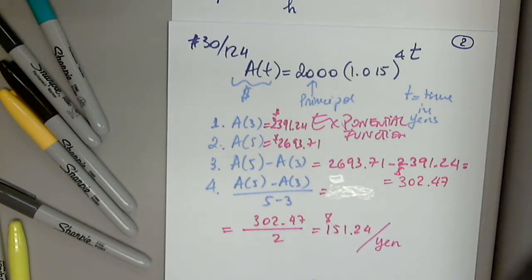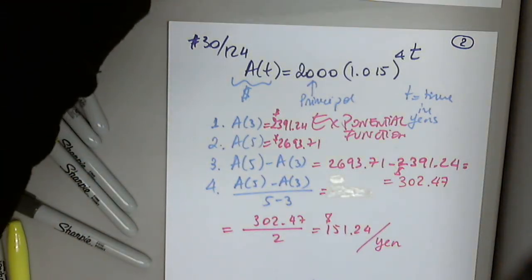One more time: one measurement unit coming from the top, which is dollars, over the measurement unit coming from the denominator, which is years. So between 3 years and 5 years after we deposit $2,000, the average rate per year is 151.24. Assuming the calculations you gave me are correct.